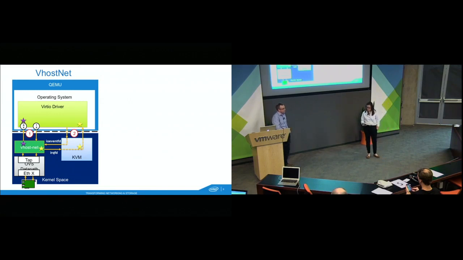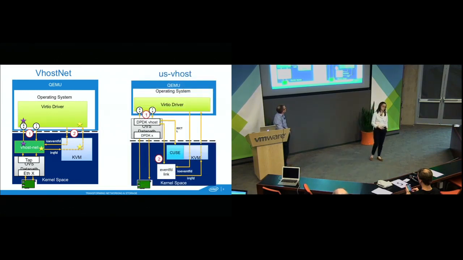Now, this leads us to Userspace VHOST. The first thing I would like to draw your attention to is that the OVS data path, even though it's slightly blocked off there, is now in Userspace and is enabled with DPDK ports. We actually get some pretty impressive performance with the Userspace data path and DPDK ports, and this is a trend that we'd like to continue when it comes to guest access.